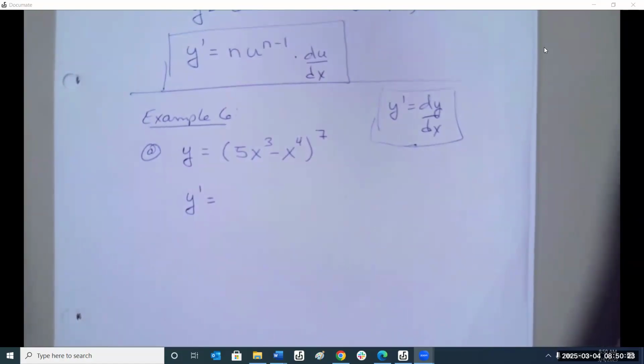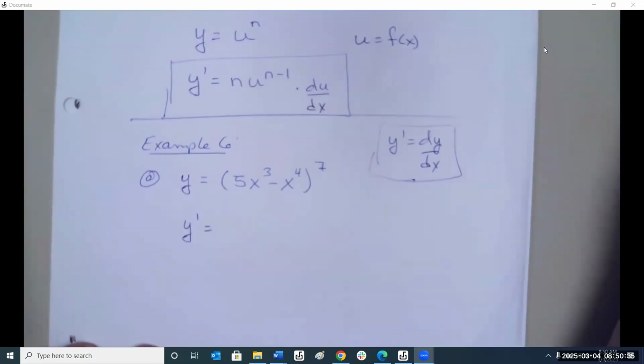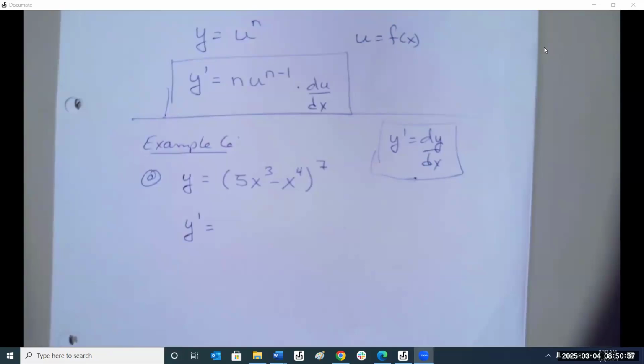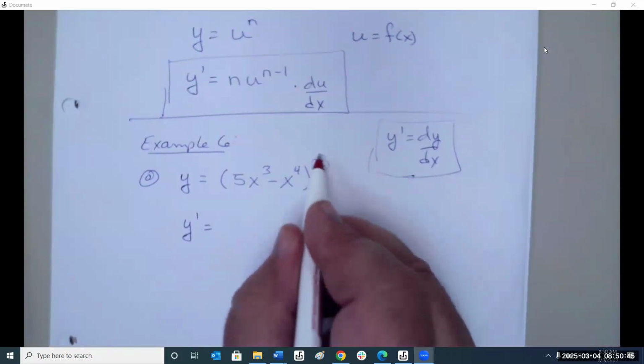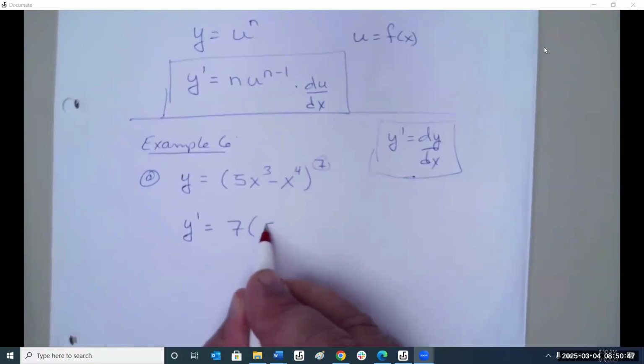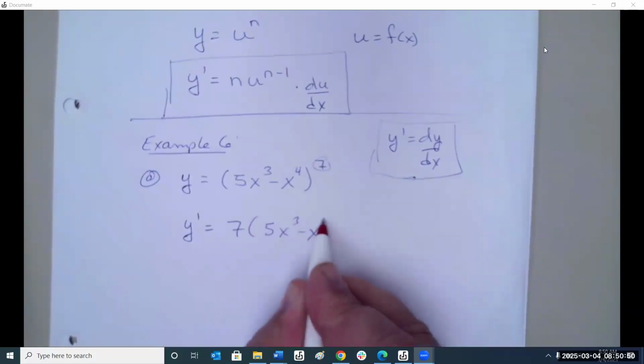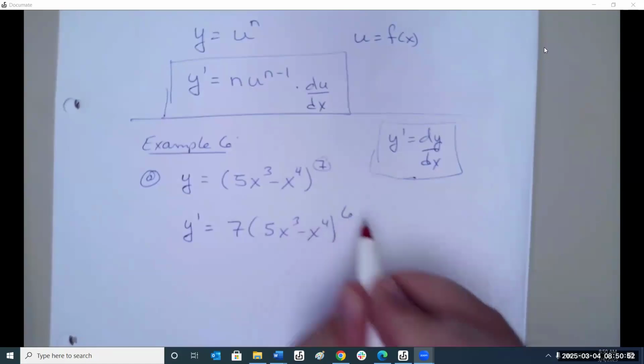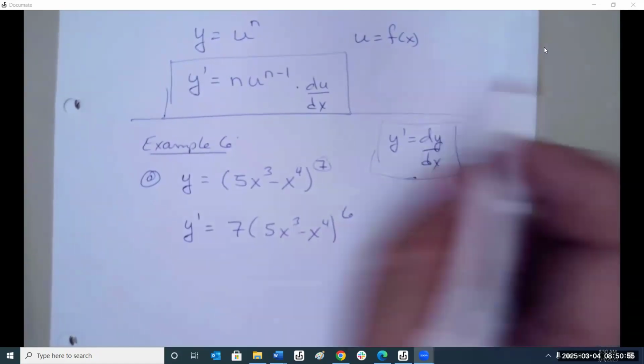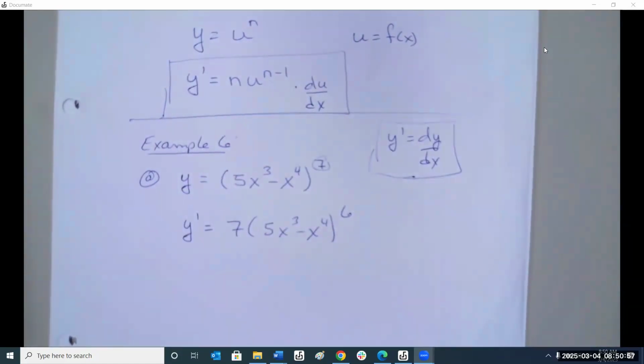So what's my first step? You have the rule on top of this screen. Bring the power down, which makes it 7 times 5x cubed minus x to the fourth. Subtract 1 makes it a 6. That's what that says. Now do what?